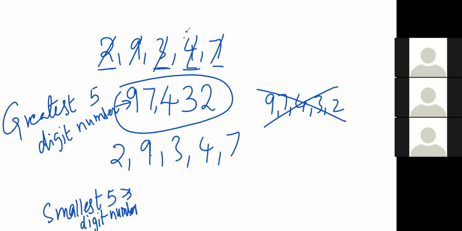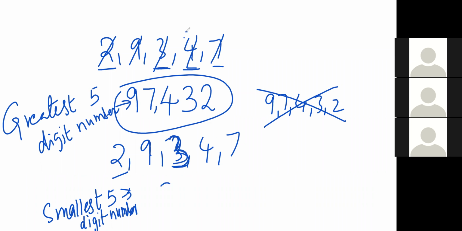For forming a smallest 5-digit number, we have to choose the smallest digit onwards. Which is the smallest digit among all these 5 digits? 2. You have 2 here.